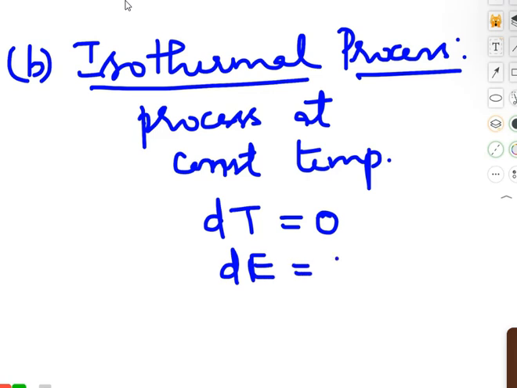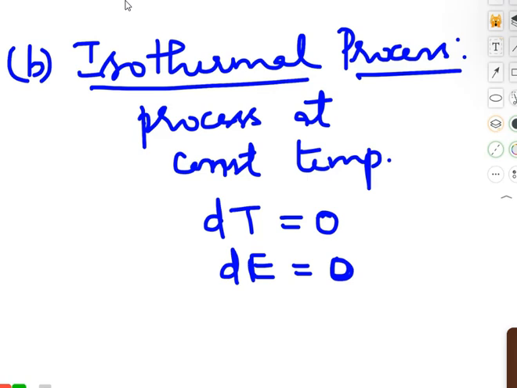dE, change in energy, will also be 0. How? There is no change in the energy. Energy is work by time, sir. Temperature is not involved.